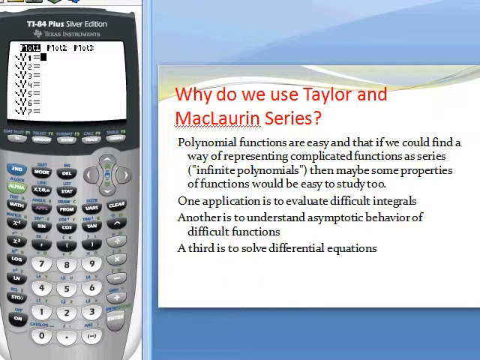We use them because those are in polynomial form and they are a lot easier to handle most of the time. One application may be to evaluate difficult integrals for certain functions. If I can approximate a really difficult function by a polynomial, I can integrate it a lot more easily.